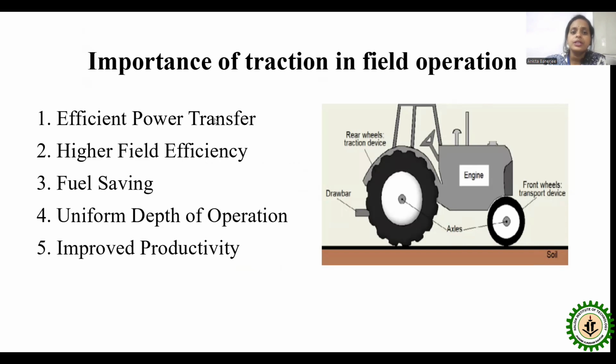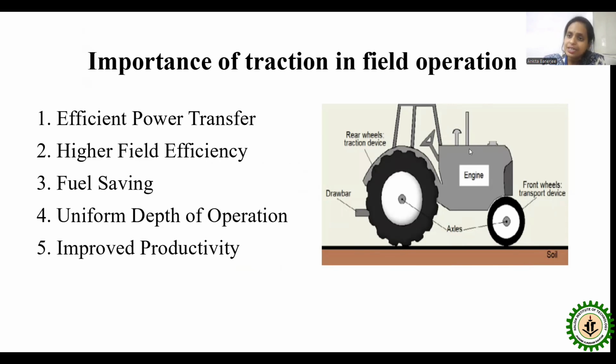Next, the importance of traction in field operation. Why is traction important during field operation? Number one, efficient power transfer. This is a schematic diagram of a tractor moving on the ground surface, the soil. Firstly, where is power generated?